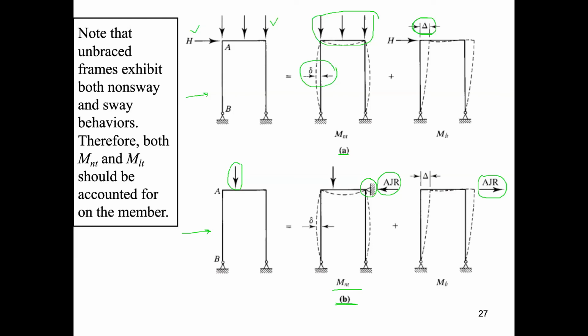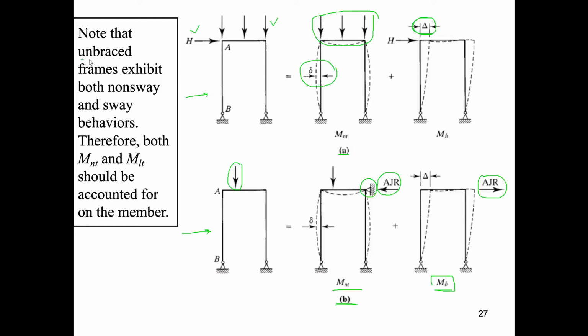In cases such as this one, the secondary moment P capital delta will be very small and M_lt can usually be neglected. If both lateral loads and unsymmetrical gravity loads are present, the AJR, or artificial joint restraint force, should be added to the actual lateral loads when M_lt is computed.